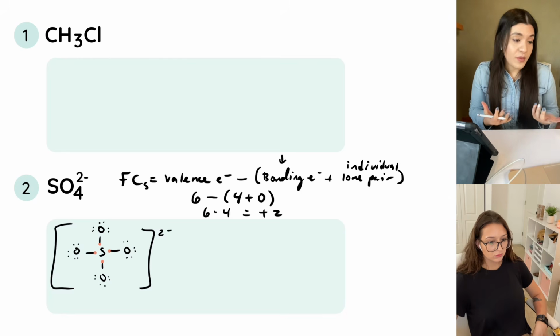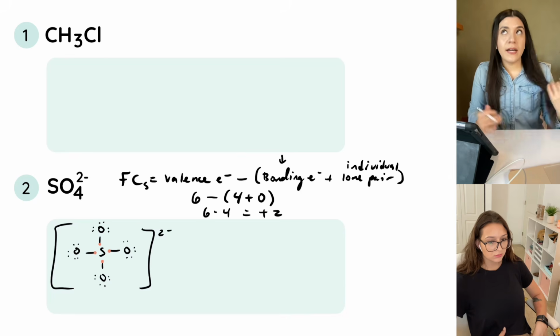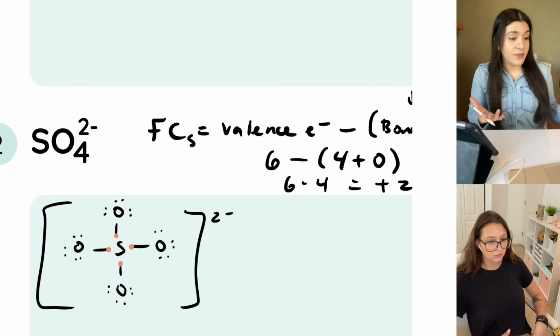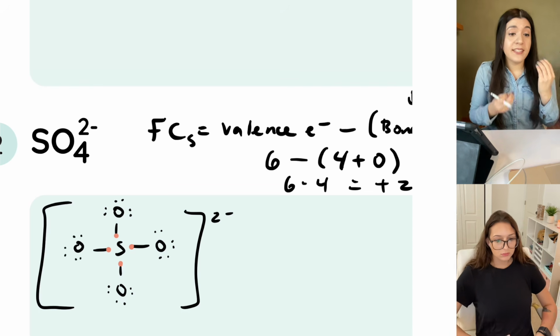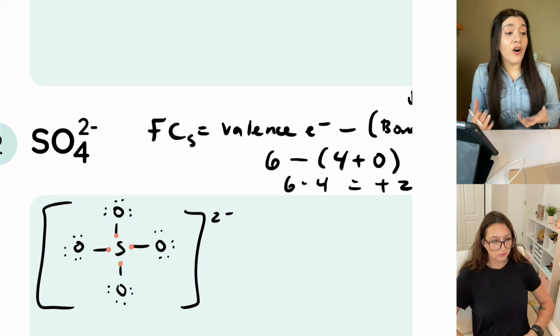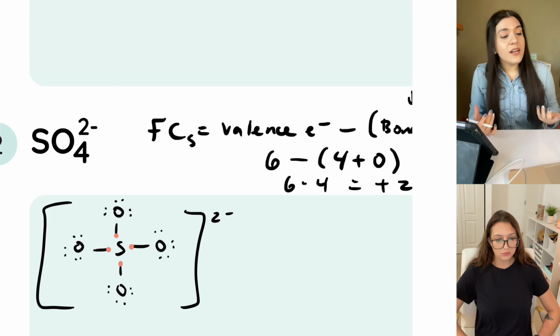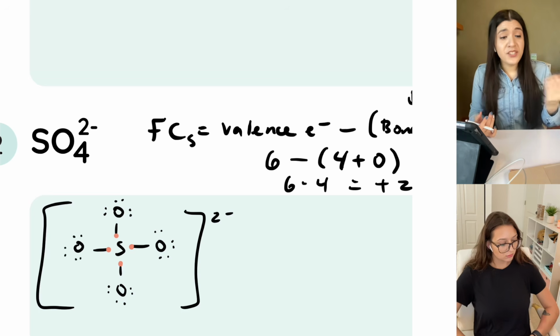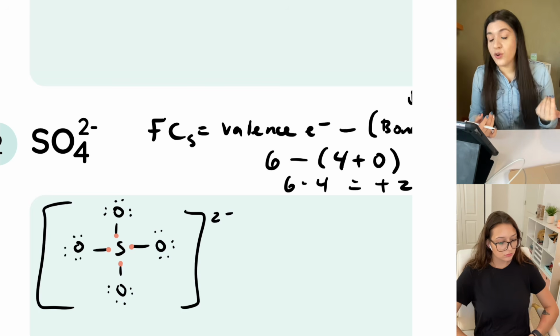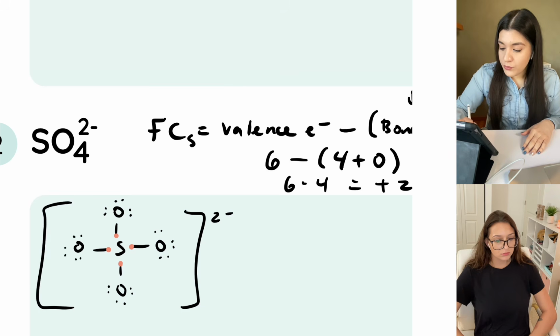This is terrible, and the reason for that is that I don't want my central atom to be positive. I actually want it to be 0. That's going to be the most favorable. So that's why this structure is wrong. It's not the most favorable structure. Instead, to change the formal charge of sulfur, I would move these electrons and form a double bond.